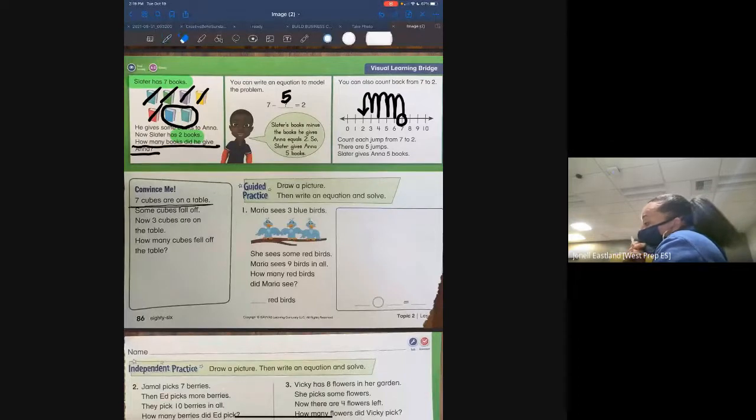Dylan. That 3 fell off. Nope, that 3 are left on the table. Those 2 numbers are important. You're going to convince me and show me a picture that solves this word problem. You're going to convince me with a picture or a number line and show me how to solve this problem.